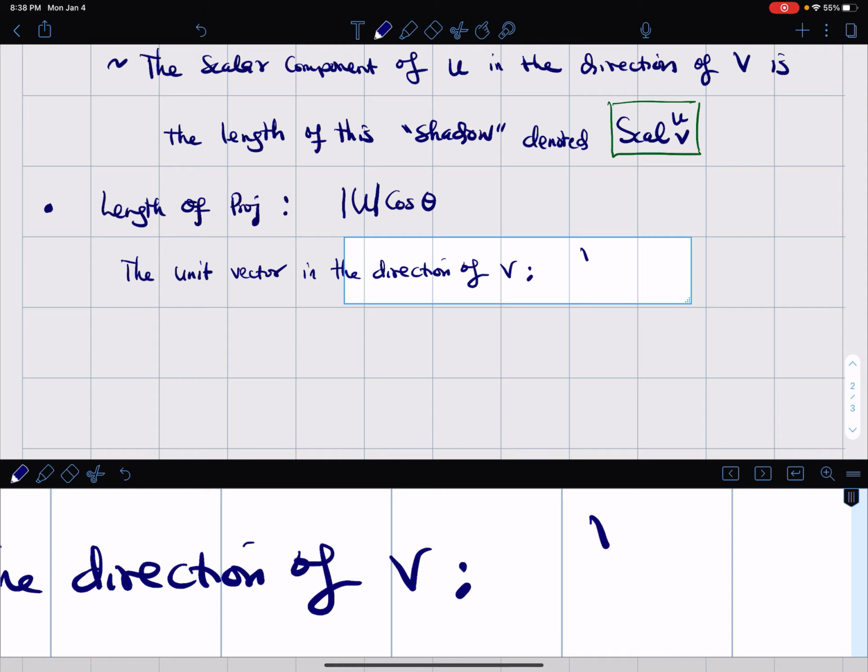This unit vector is simply v over the magnitude of v, right?